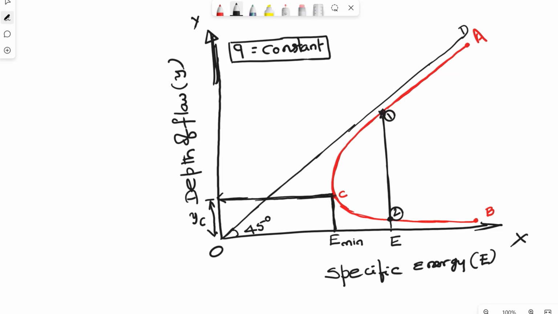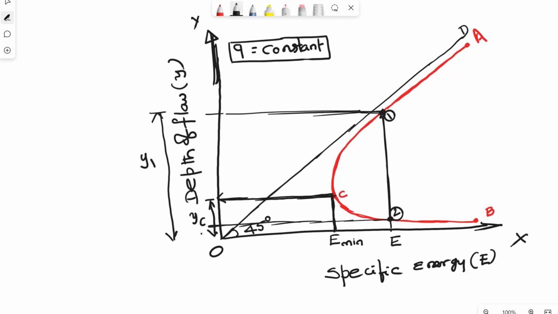Suppose I call this y1 and this y2; at both y1 and y2, the specific energy remains constant.